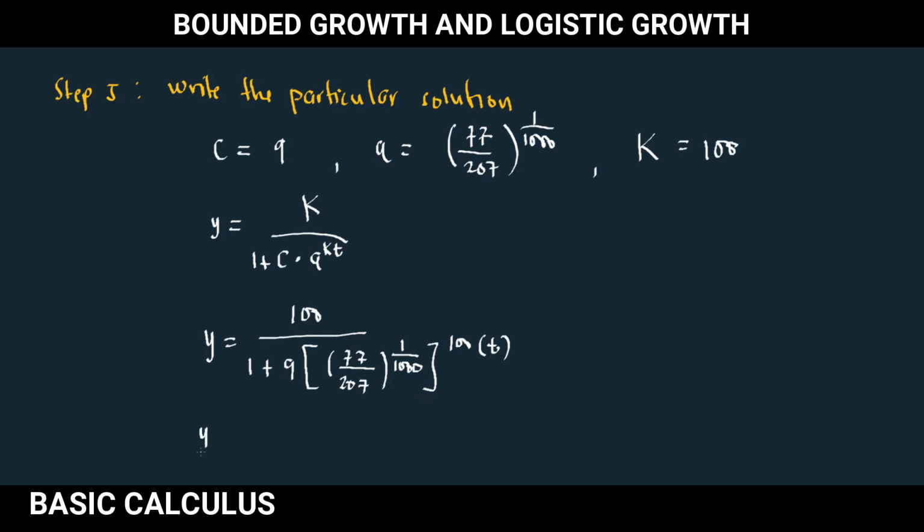So we have Y is equal to 100 over 1 plus 9 times 77 over 207 raised to, of course, we need to multiply the exponents, so we have 1 over 1000 times 100, so that gives us 1 over 10 T. So this is 1 over 10 T.